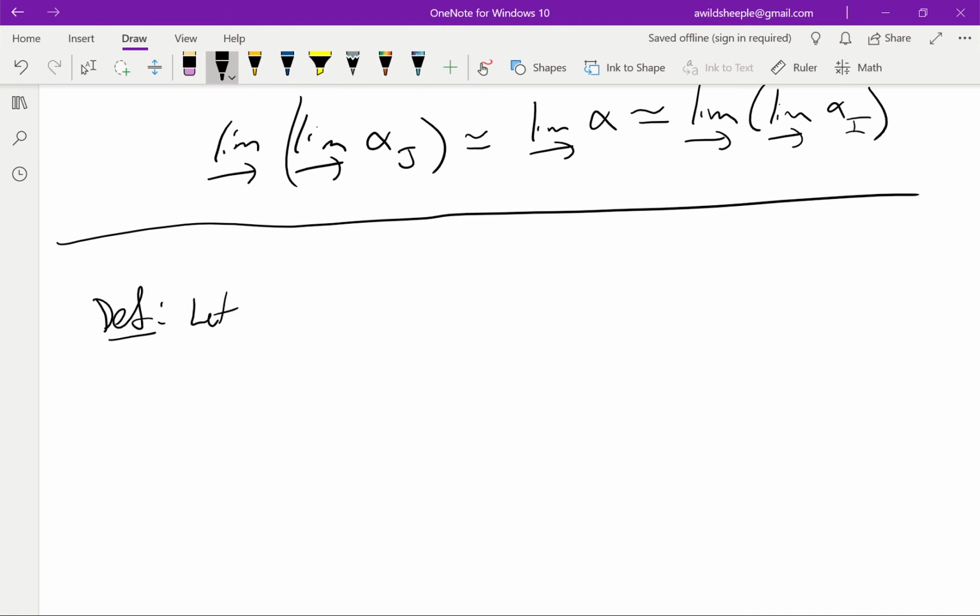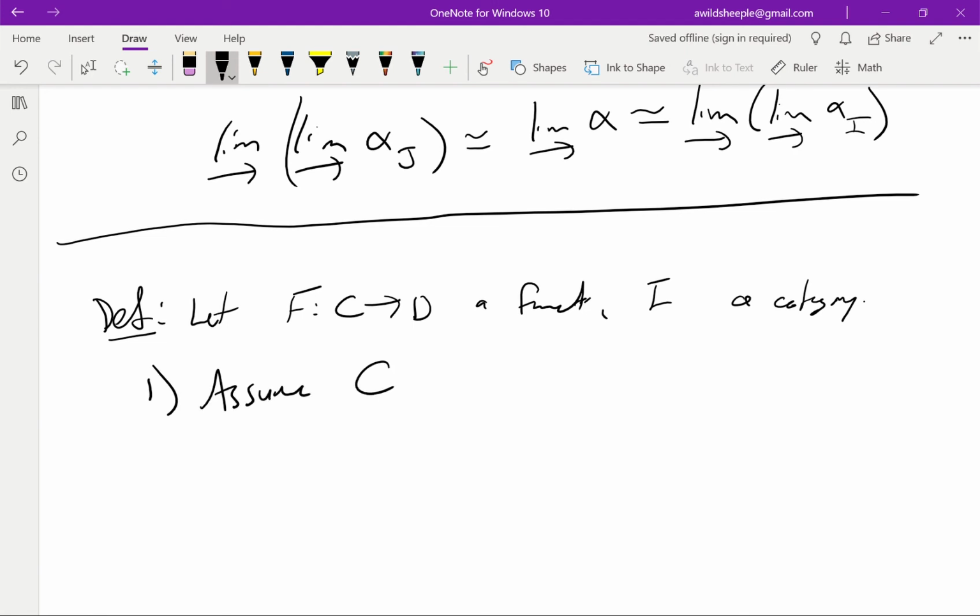Let's talk about this business of adjoints and limits. So suppose we have F from C to D, some functor, and I is a category. We're going to make the following assumption, which will be that C admits, sorry, I'm getting ahead of myself.